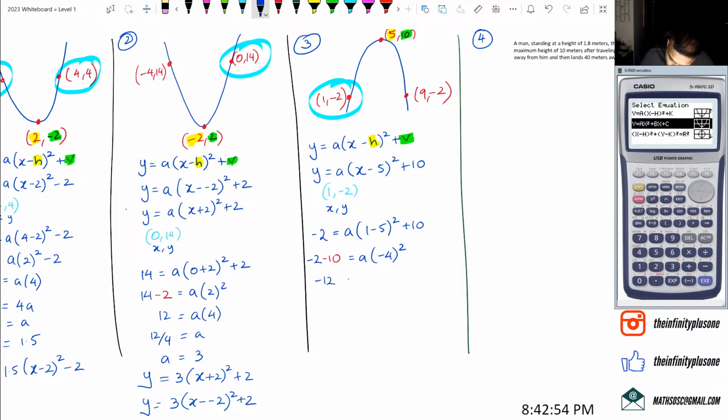So I've got -12 equals a times 16, and then a is equal to -12 over 16, which could be written as -0.75. And guess what? You've already got the equation: y is equal to -0.75(x minus 5) squared plus 10.